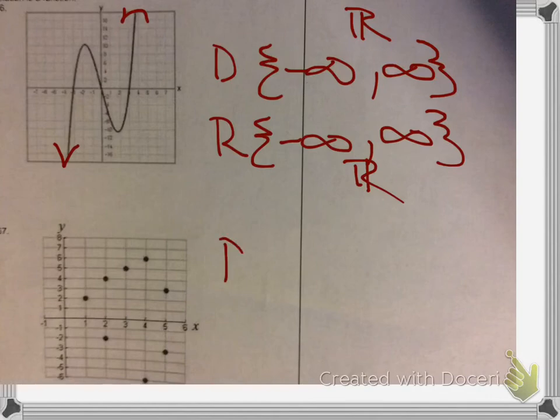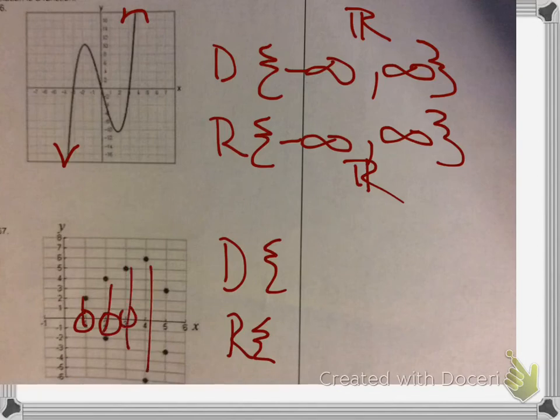Now, here's one with points. When you see the points, you need to list them individually. So 1, 2, 3, these are my x values. I don't need to write them again if they repeat. So 1, 2, 3, 4, and 5.